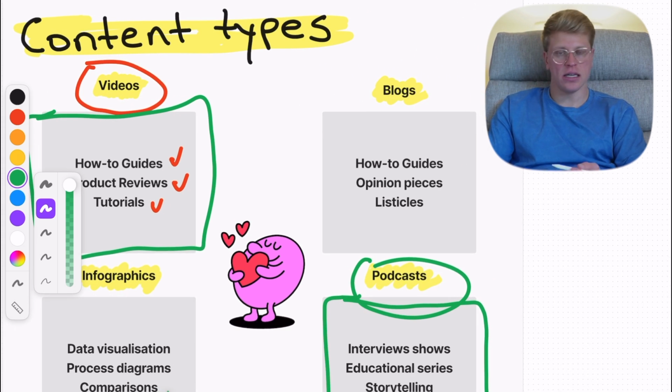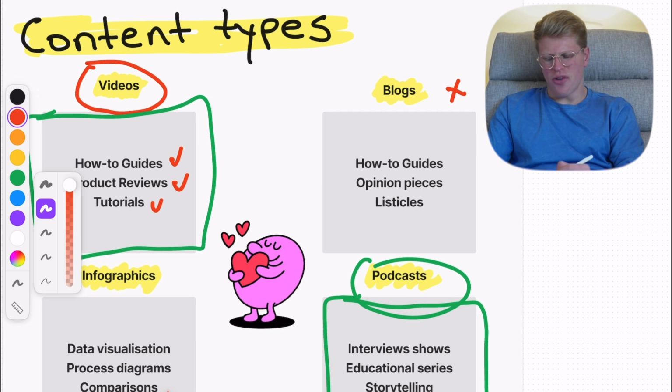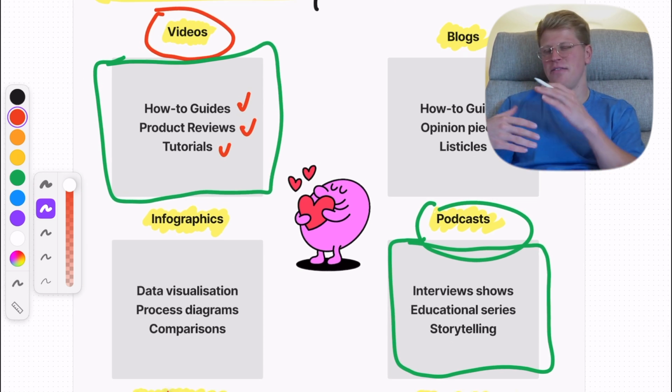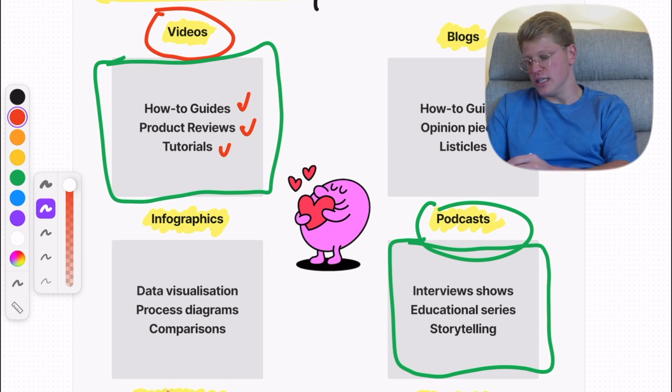We got blogs, okay? So those like, you know, articles you can read on the internet. But like this one, to be honest, I probably wouldn't recommend at this point because we have AI and I feel like over time blogs are gonna die out. I think video is going to just be there, right?